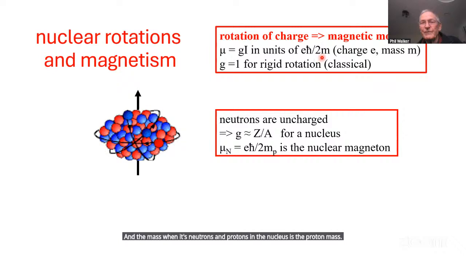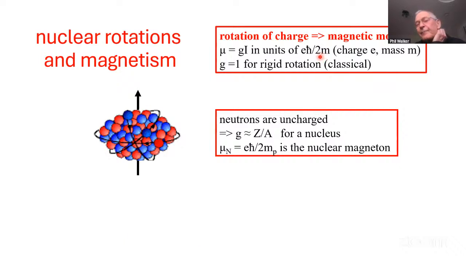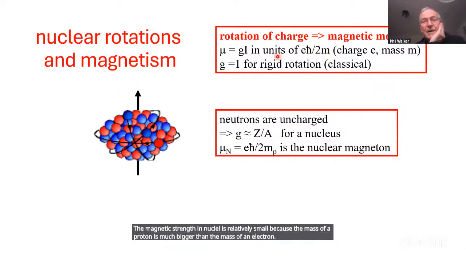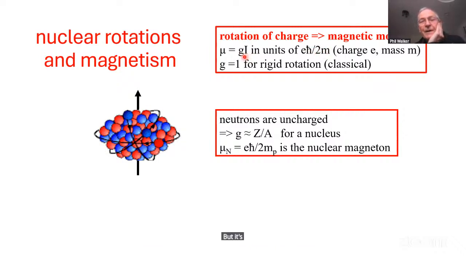And if it was electrons around an atom, then it would be the electron mass. So the magnetic strength in nuclei is relatively small because the mass of a proton is much bigger than the mass of an electron. But it's the same principle.